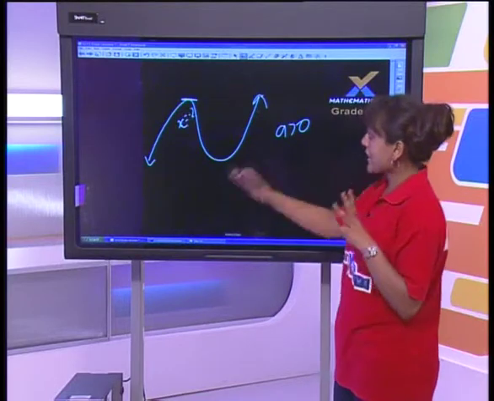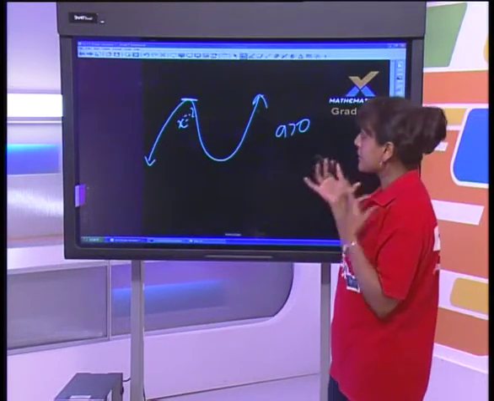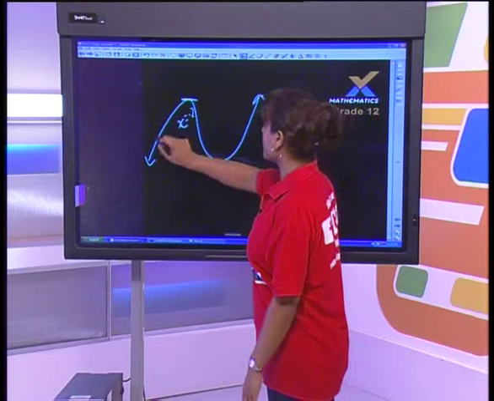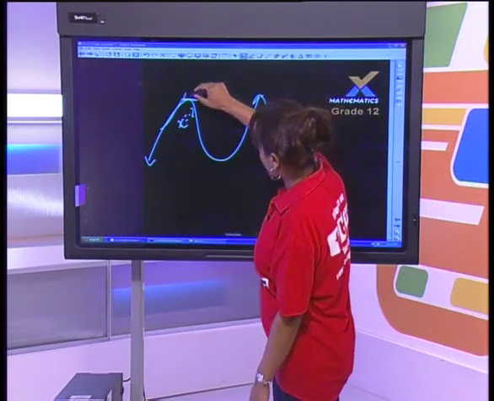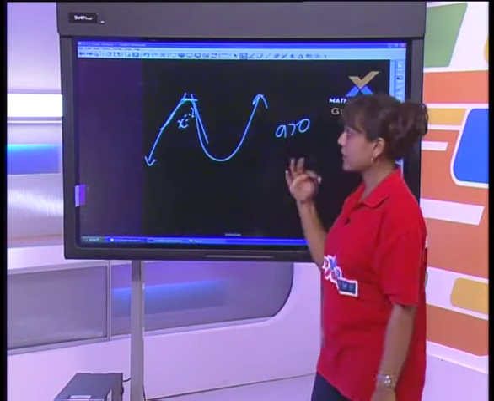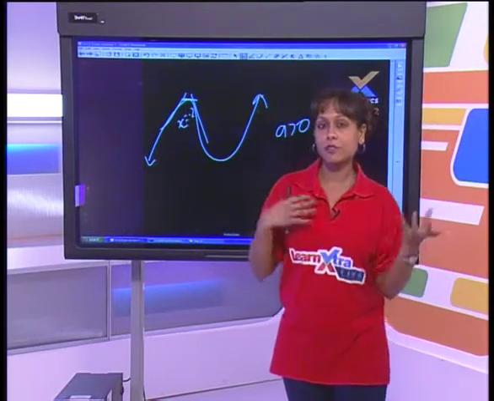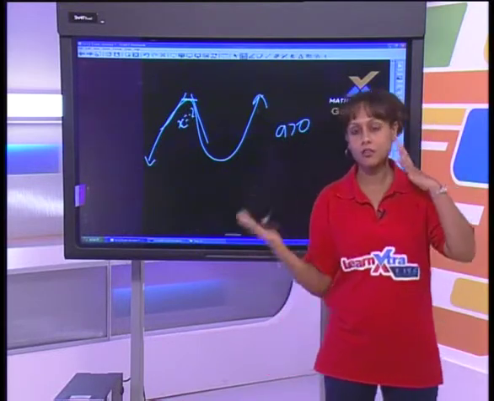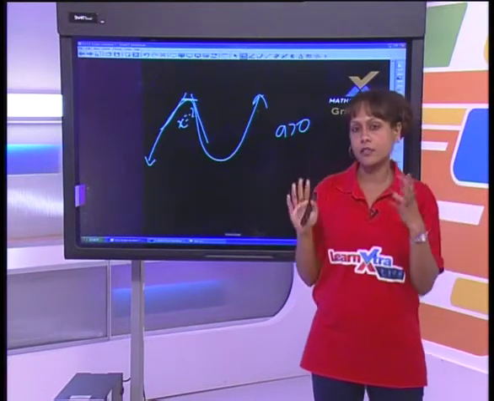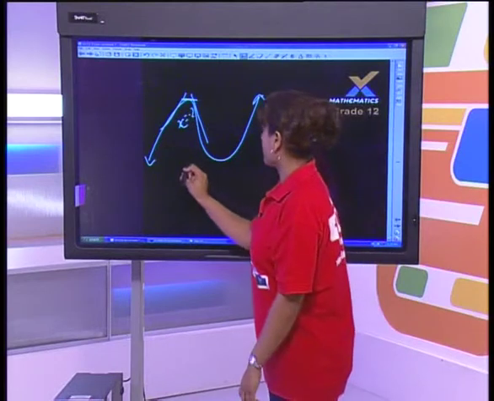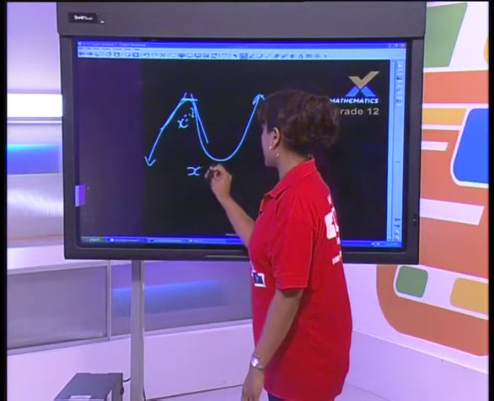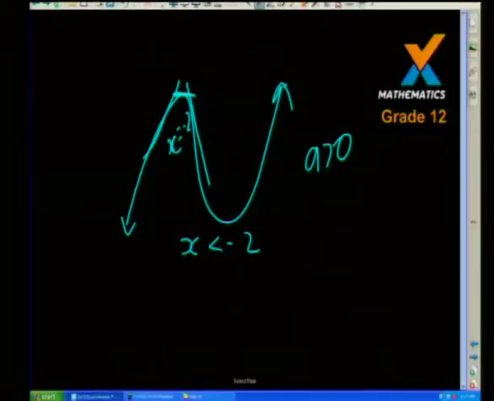Well, if you look at the graph itself, all right, you can see that if you were to draw a line at this point on the graph and then another one on the other side, okay, those lines would have different gradients because they're doing different things on either side of x is equal to minus 2. To the left of x equals minus 2, so if x is less than minus 2, and I'm looking to the left of that graph, we have a positive gradient.